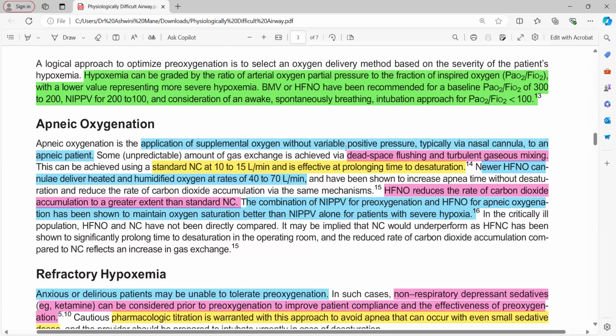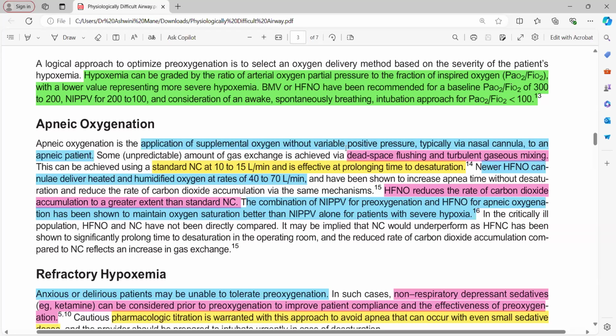Now the next is apneic oxygenation. Apneic oxygenation is the application of supplemental oxygen without using positive pressure, typically via nasal cannula. Some amount of gas exchange is achieved via dead space flushing and turbulent gas mixing.